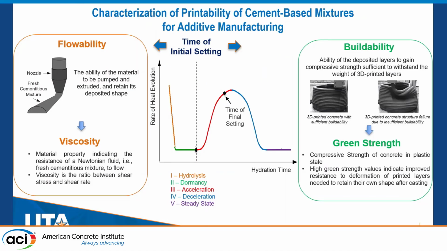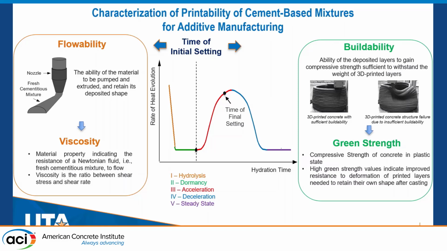First of all, as the audience here knows, 3D printing concrete requires a characterization of the printability of the fresh cement-based mixture. And when we talk about printability, we mainly talk about the flowability of the material and the buildability of the material. And these two parameters can be characterized if you characterize the time of initial setting of the material.